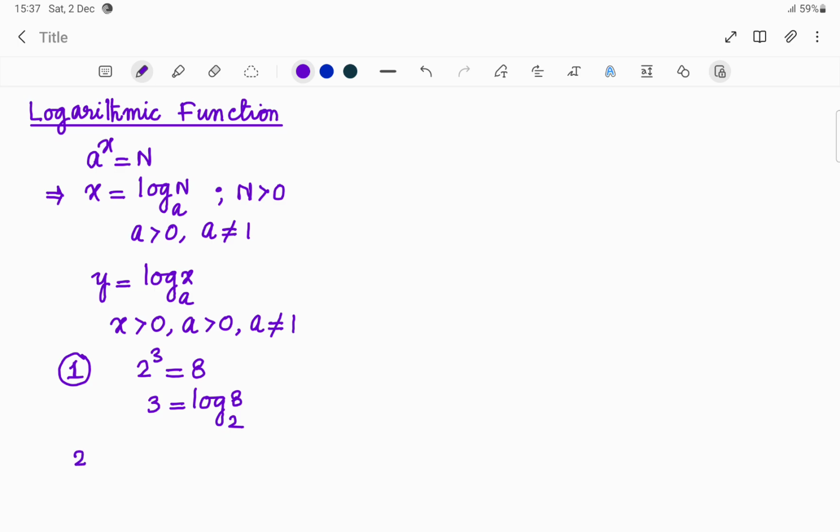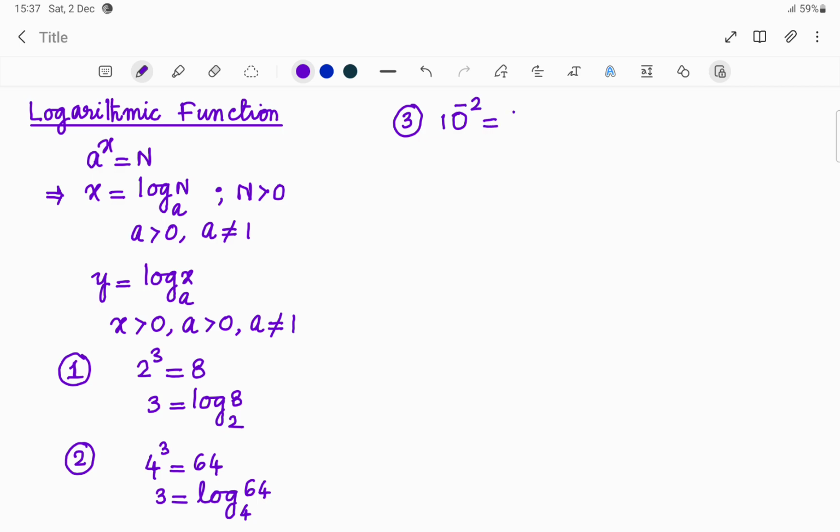And the other example, you have 4 power 3 equal to 64. From this you can write 3 is equal to log 64 base 4.